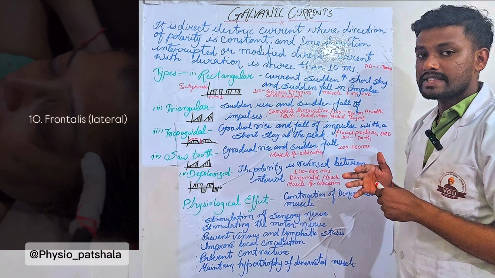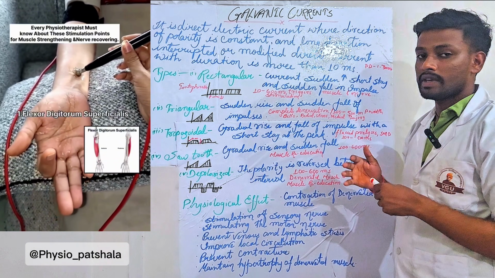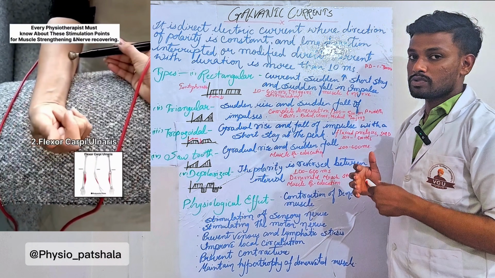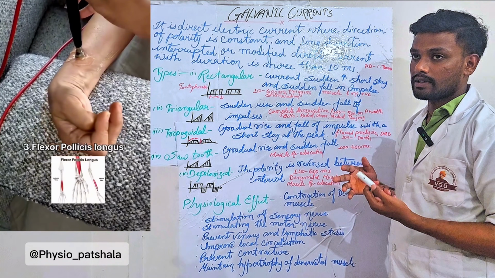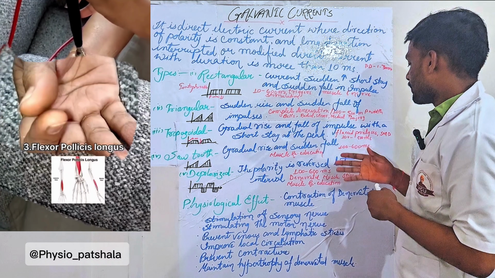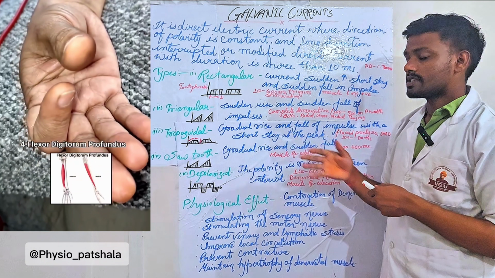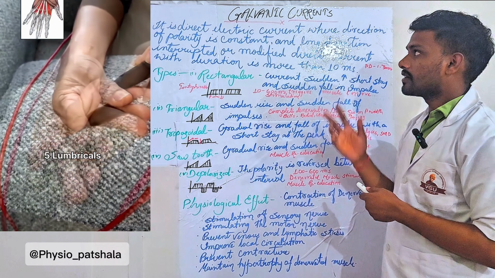In the trapezoidal current, the intensity increases gradually, stays for some time, and then decreases gradually. The pulse width is 100 to 500 milliseconds, and we can use the trapezoidal current in flaccid paralysis, which is a floppy kind of body, where the full range of motion is shown but strength is not present due to paralysis of the dermatomes or myotomes. That is the trapezoidal kind of galvanic current.